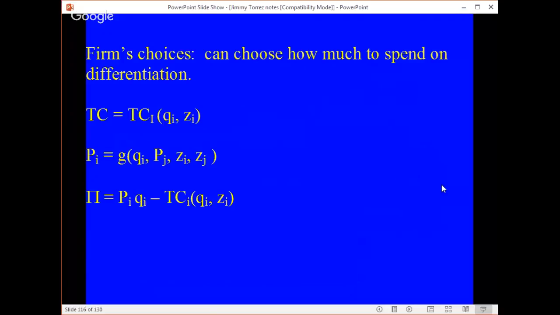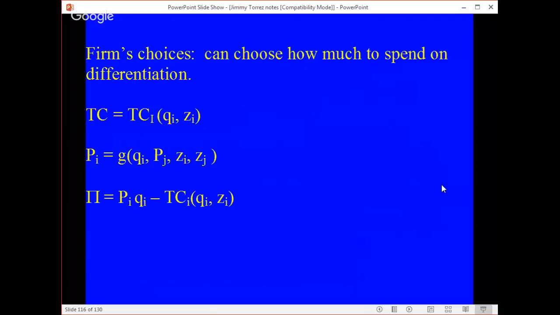Okay. So what that means is, for a firm, I have two decisions now. How much do I produce? And how much do I spend on trying to differentiate my product? So my total cost is going to be a function of how much I produce and how much I spend on, let's say, advertising.